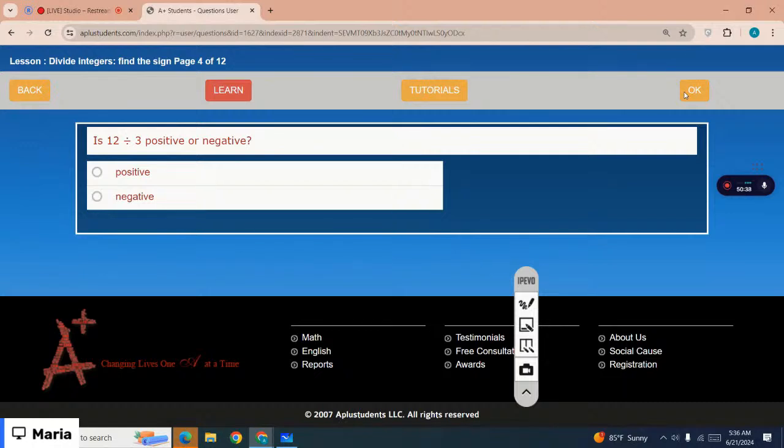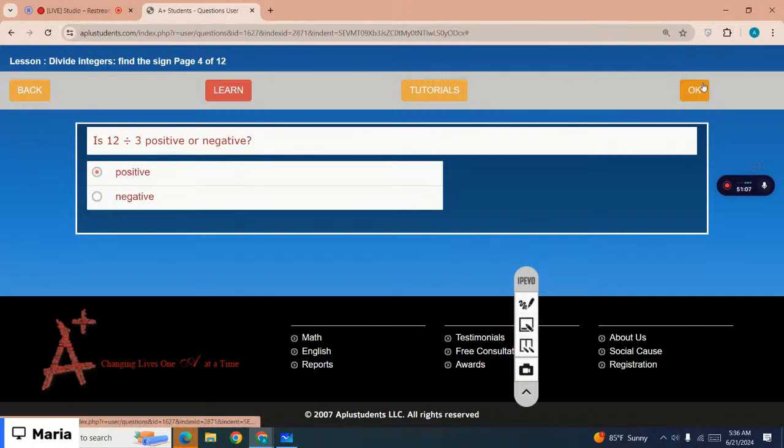Is 12 divided by 3 positive or negative? Positive it is.